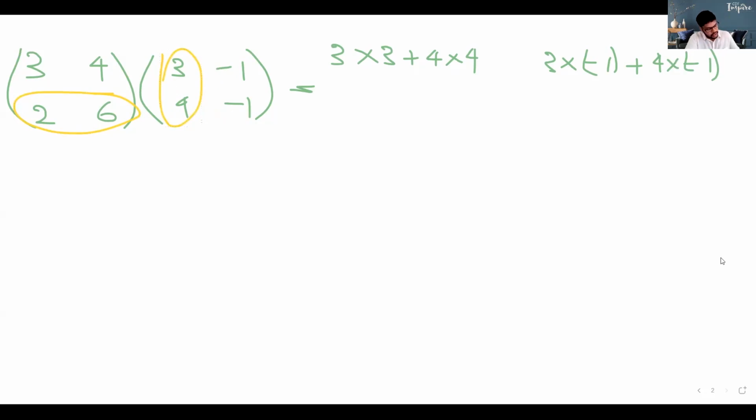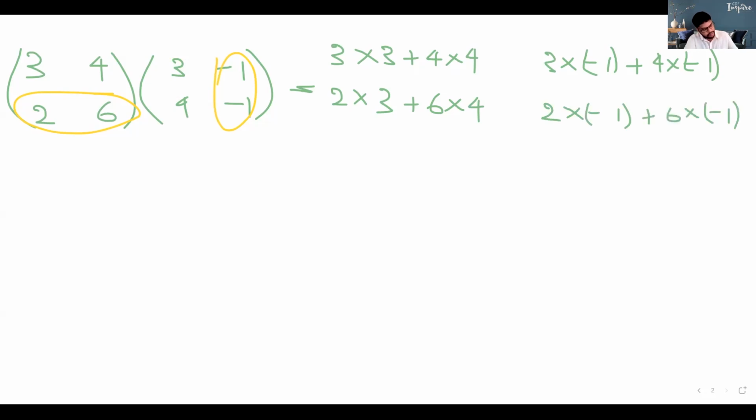So you get 2 times 3 plus 6 times 4, and finally you go to this one, so you get 2 times negative 1 plus 6 times negative 1. So this will be your matrix.